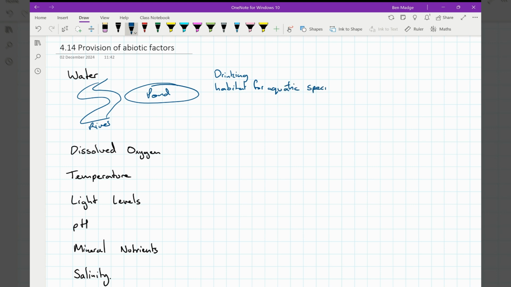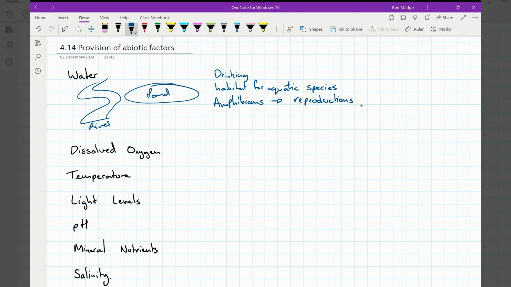And an example to consider is something like amphibians, which need water for reproduction, even though they actually spend most of their life on land.